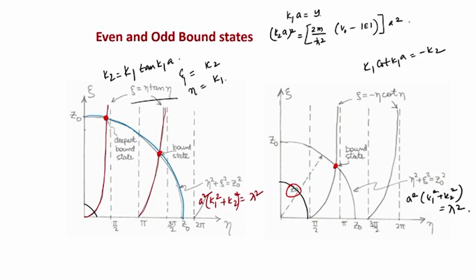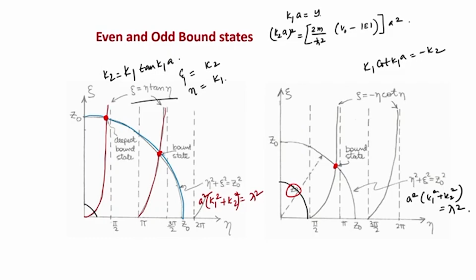Okay. So that is the solution we have for these bound states. Given a certain depth of the well, you can calculate the number of bound states present from these conditions, that is, how many times this circle crosses.